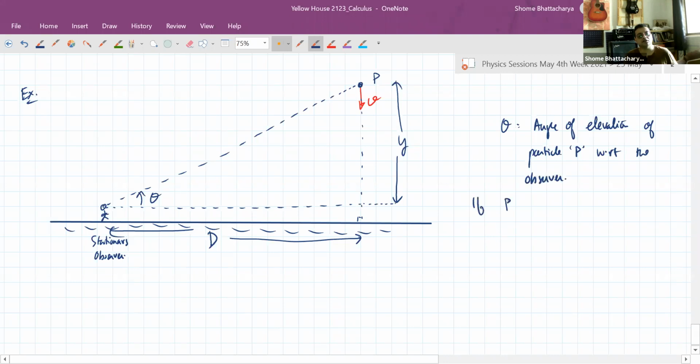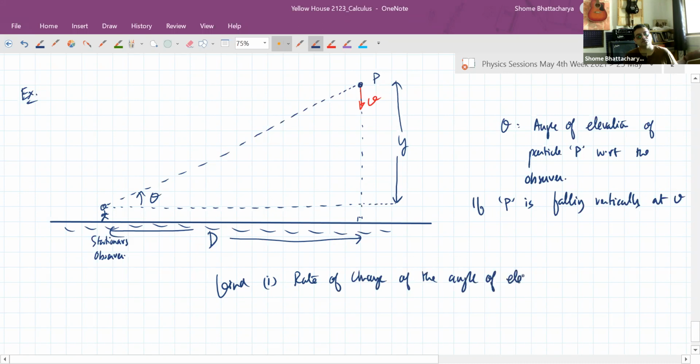Now, if the particle P is falling vertically at v, then find the rate of change of the angle of elevation, that is, find d theta by dt at an instant when y's value is 15 meters and v is equal to 1.2 meters per second.